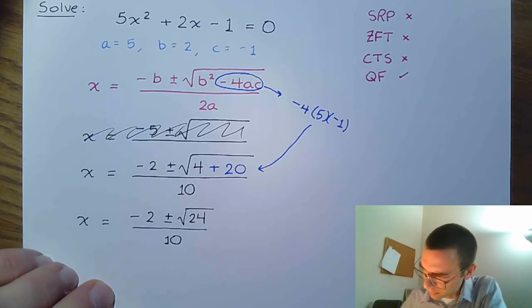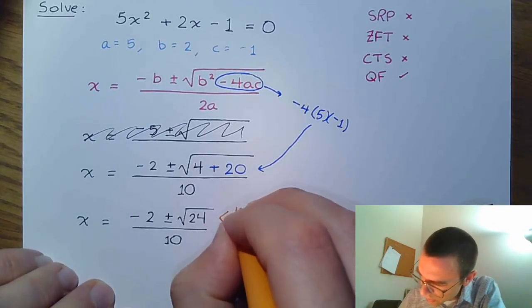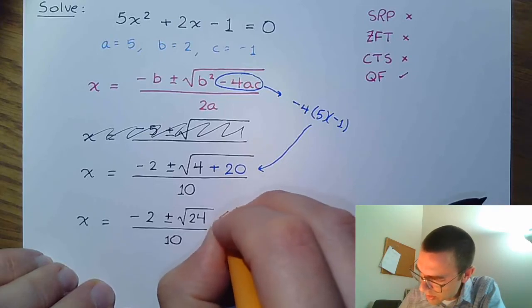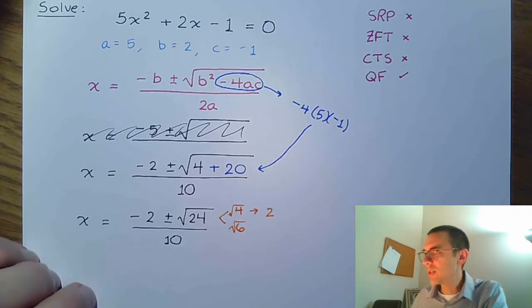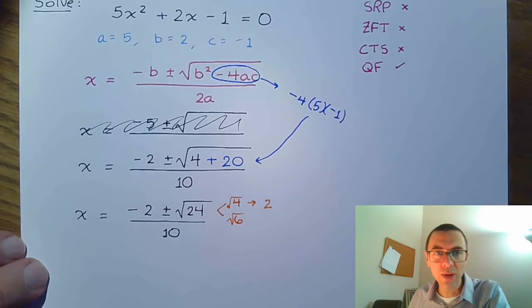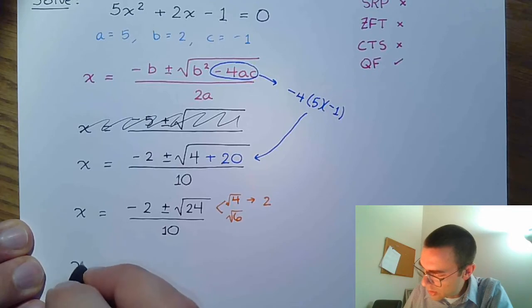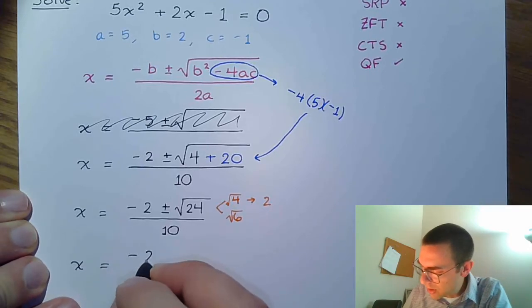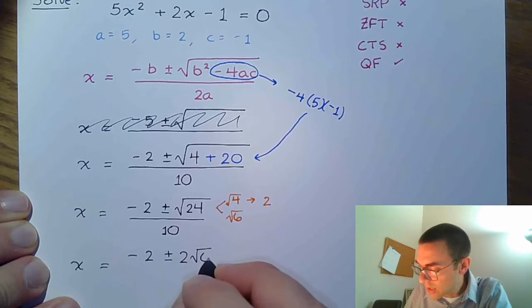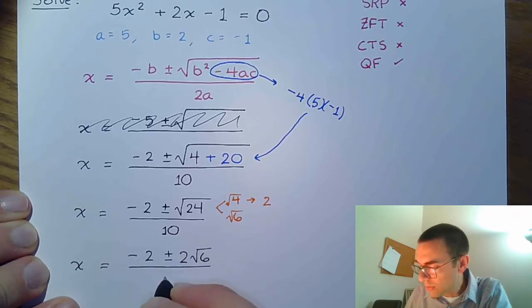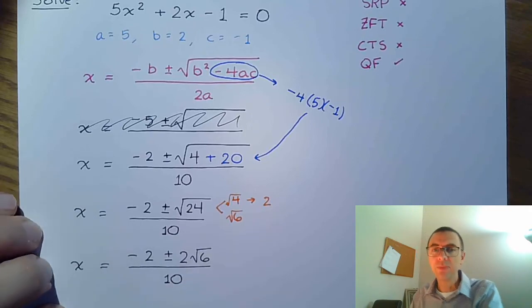The radical can be broken down to 4 times 6. And so when we look at these, the square root of 4 becomes 2, but the 6 has to stay inside the radical. So x is equal to -2 plus or minus 2 square roots of 6, all divided by 10.